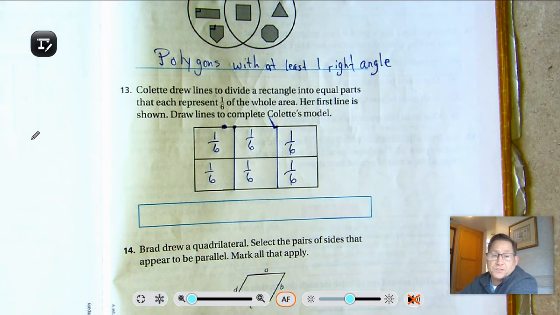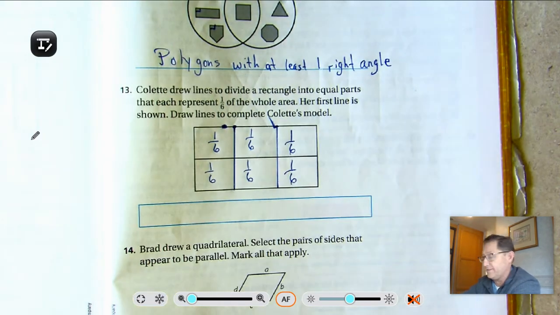Draw the line. Oh, so just draw the lines to complete Colette's model. All right, so there's nothing really put in that blue box right there.